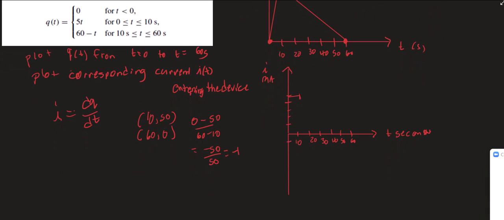And that's constant because a straight line has a constant derivative. And they do like to draw these vertical lines. So there we go.